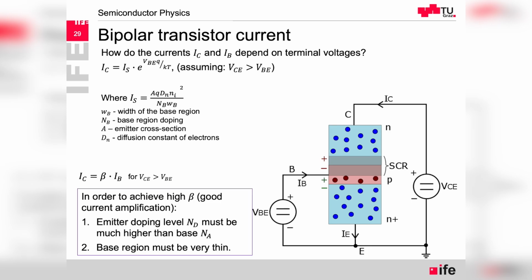And this saturation current is explained with this formula, so we can see what it depends on. It's basically dependent on these technology parameters. For sure temperature, because we have the diffusion constant; the area of the diode, because the wider it is, the bigger the current; but above all, also the base region doping concentration and the geometrical width of the base region.